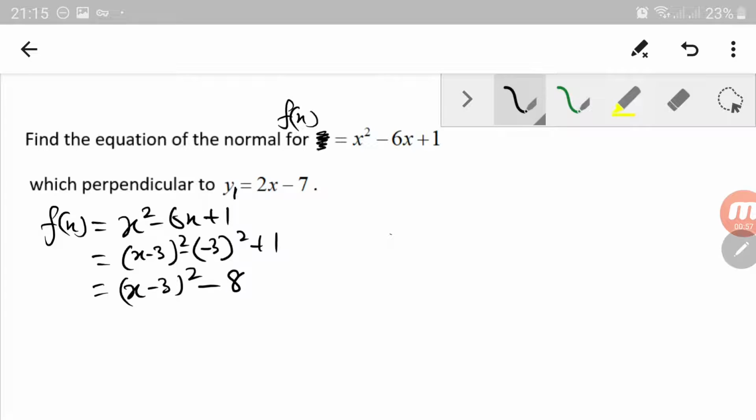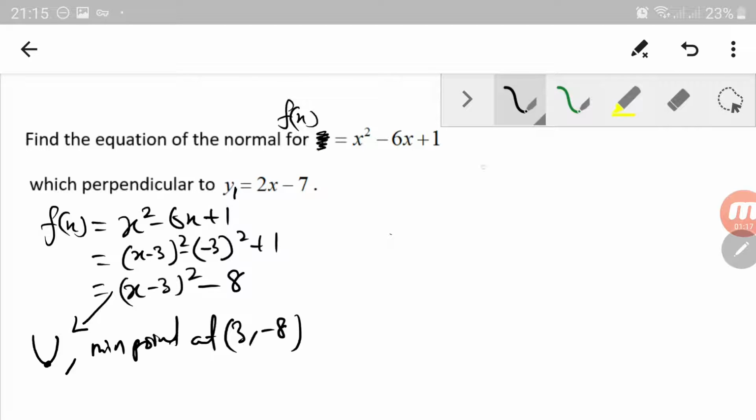From here there is a positive in front of the bracket, so it's a smiley curve with a minimum point, because this is the minimum point at (3, minus 8). So let's sketch it somewhere like that.